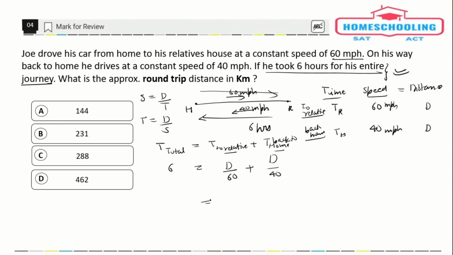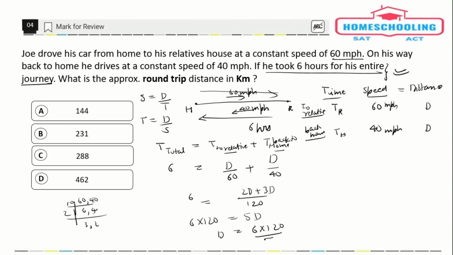Now we are going to solve this question. The LCM of 60 and 40: dividing by 10 gives 6 and 4, then by 2 gives 3 and 2. So 6 into 2, 12, into 10, so 120 is your LCM. So this will go 2d plus 3d. So we can say that 6 into 120 is equal to 5d. Hence d would be 6 into 120 divided by 5.